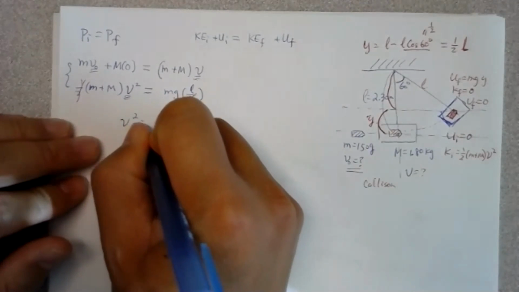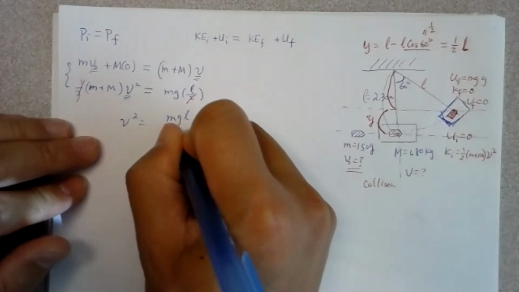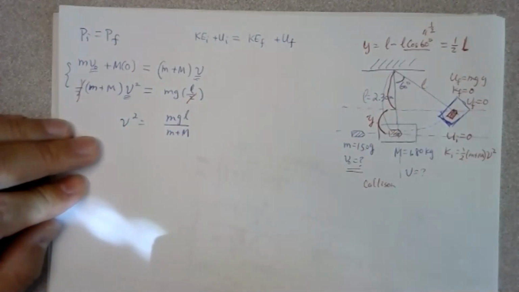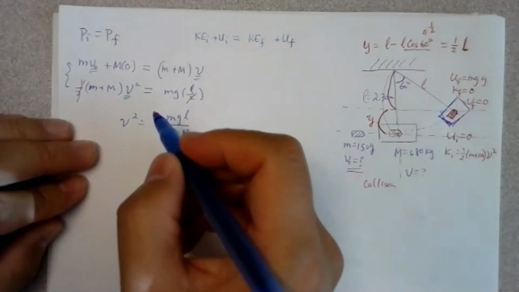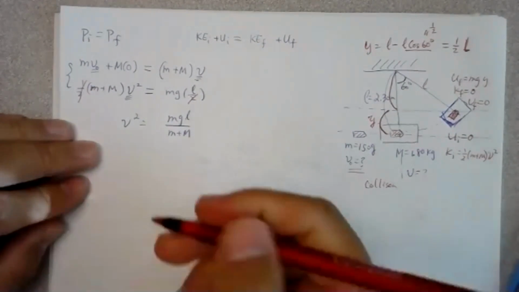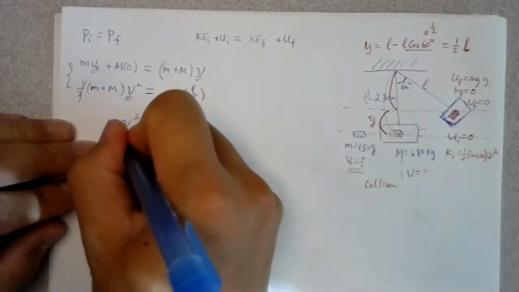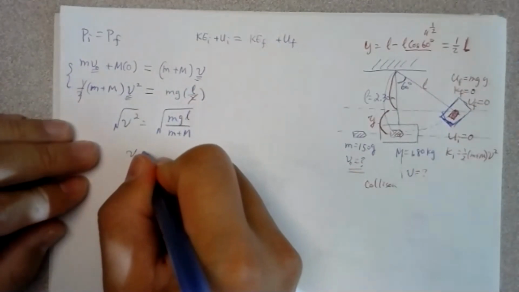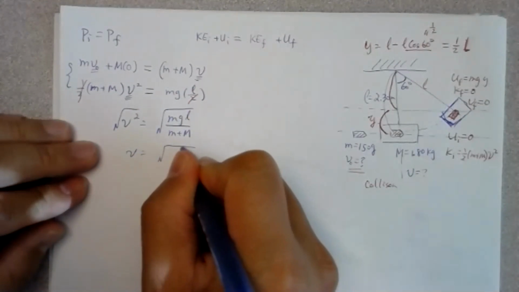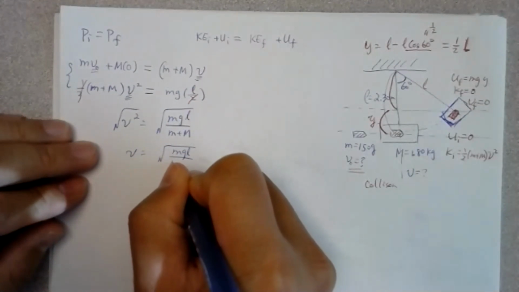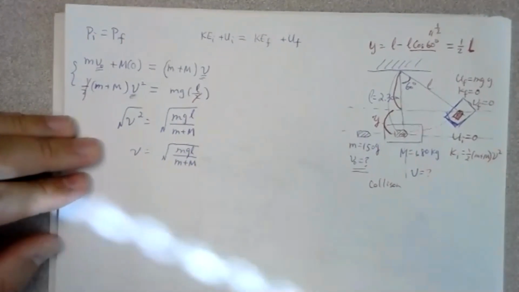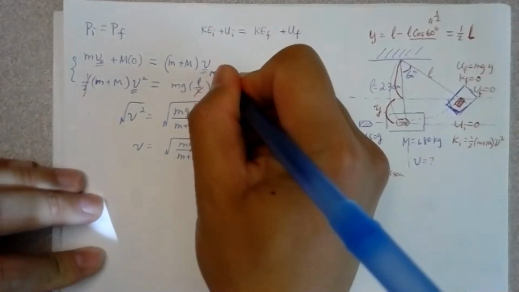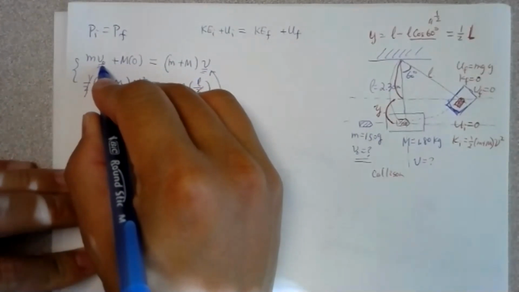So V squared is equal to MGL divided by M plus capital M. Then if you take the square root of both sides, V is equal to the square root of MGL over M plus capital M. Now you can take this into the first equation, then you can figure out your V0.